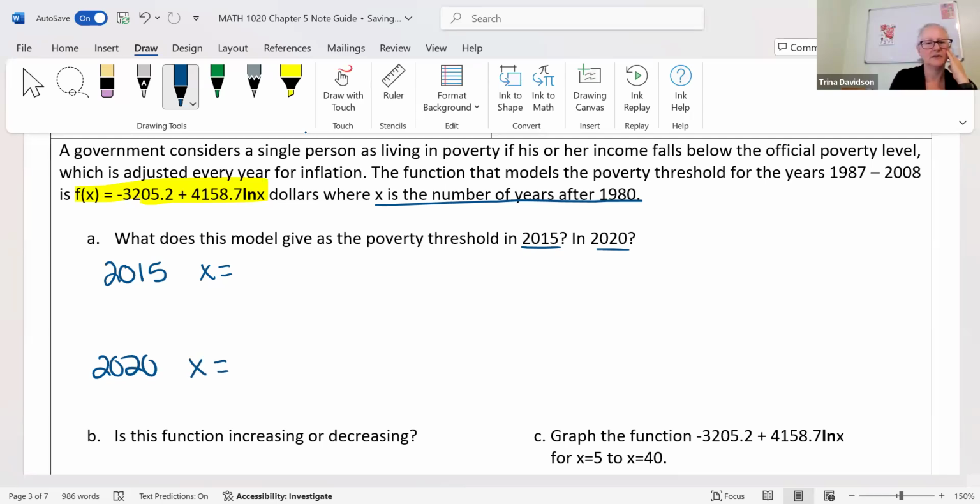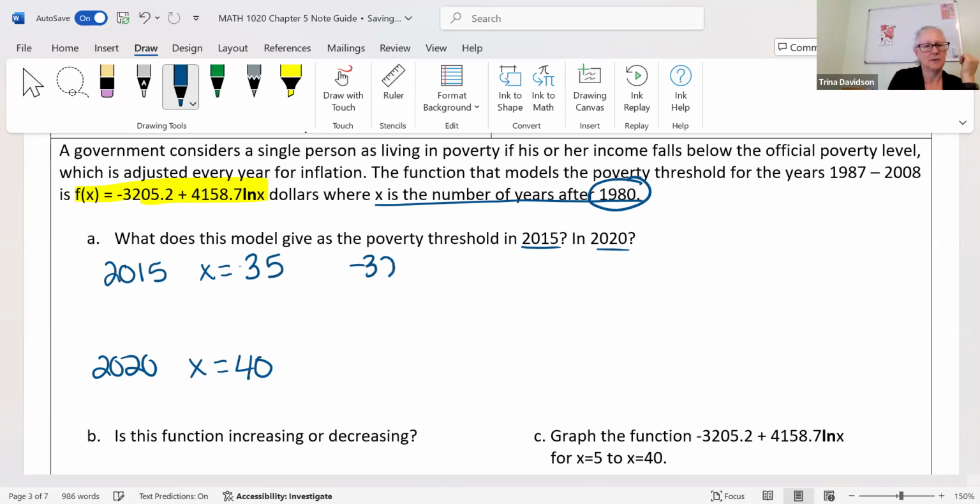So what X do you use for 2015? How many years after 1980 is 2015? So do 2015 minus 1980. That's going to be 35. And then the difference between 2020 and 1980 is 40.